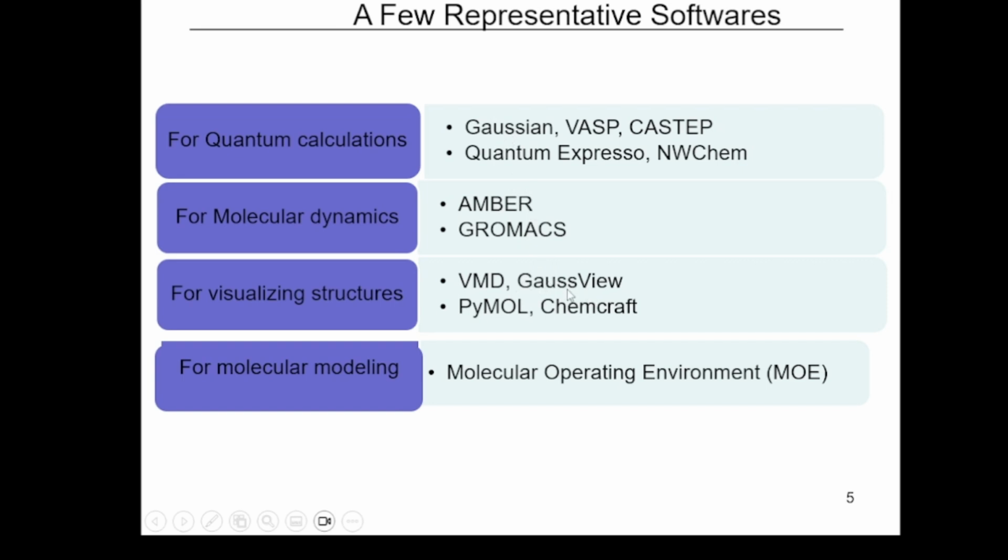In GaussView, you can draw the structure, and then there's an interface which sends calculation to Gaussian software. Calculations are done by Gaussian software, and once the calculations are finished, the files can be opened back in GaussView. Similarly, VMD, PyMol, or ChemCraft are the other software which can be used for visualization.